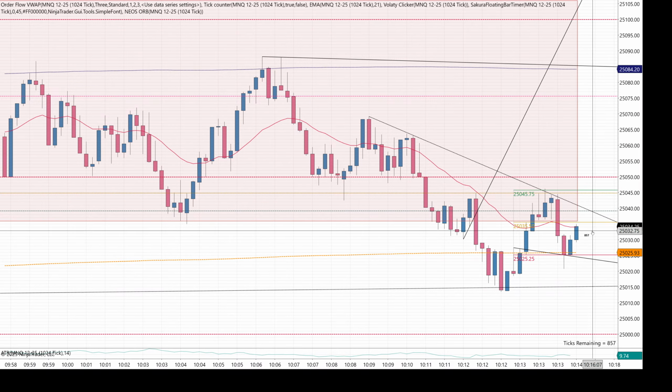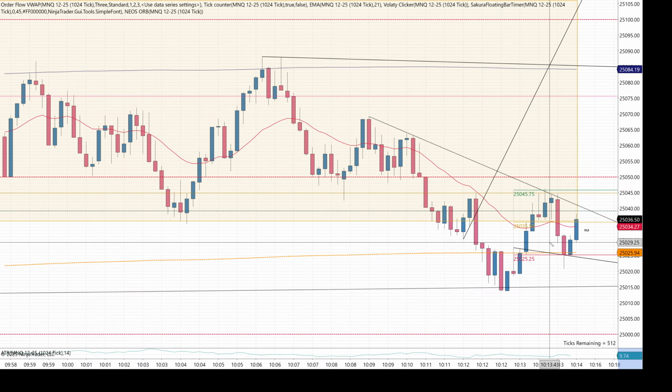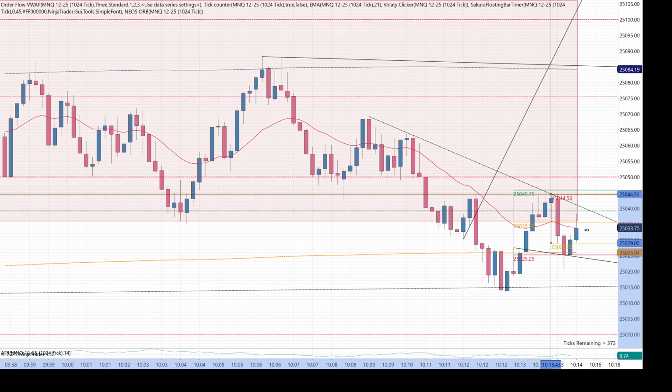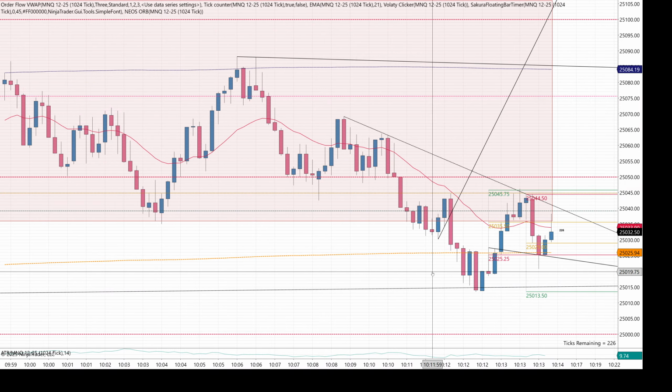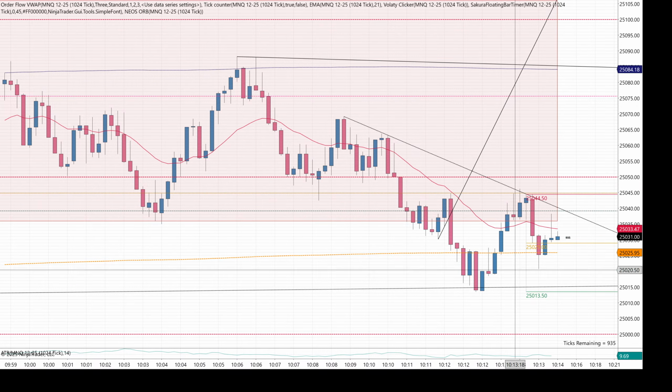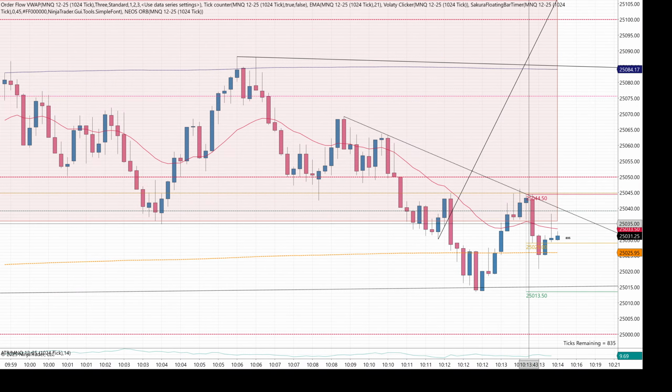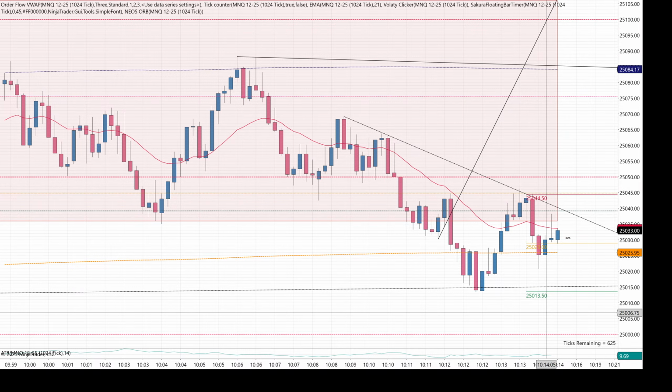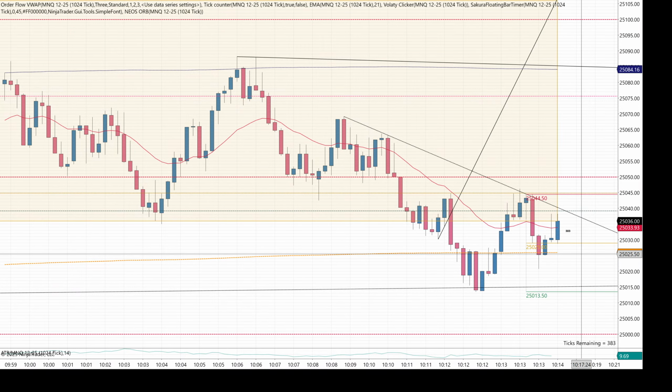We did get another false positive bearish signal here. If we didn't have VWAP in the way, this would be a very good bearish signal to go down.